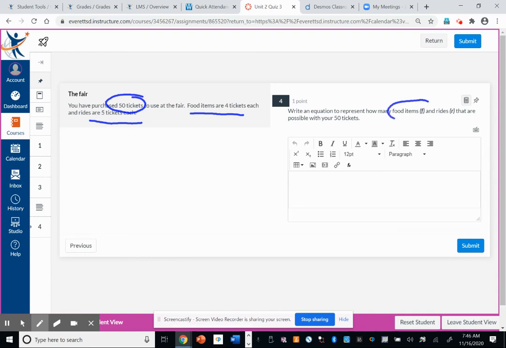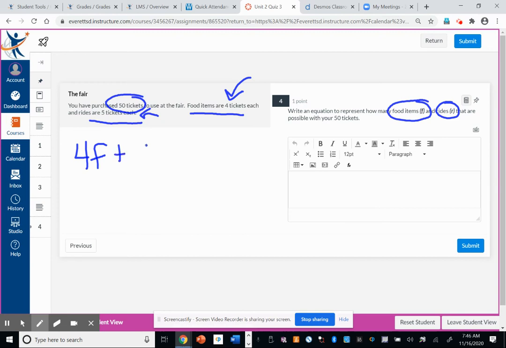So for the food items, again, those are 4 tickets each. So that tells me 4F. That represents how many food items we can get because they're 4 tickets each. And then ride tickets, those are 5 tickets each. That's from right here.